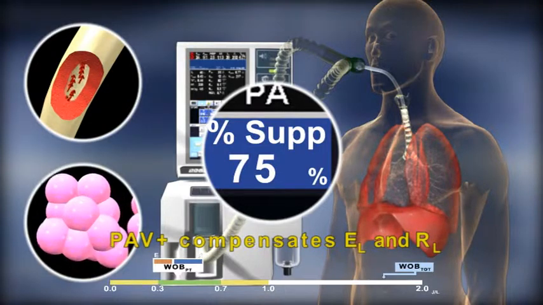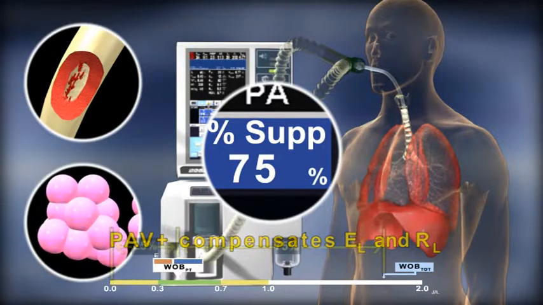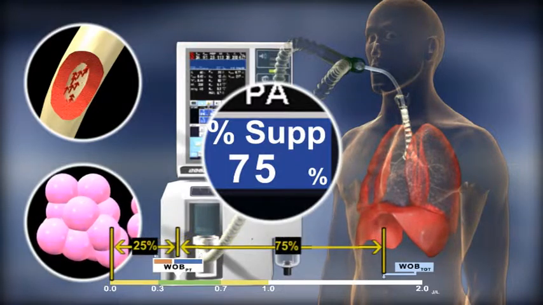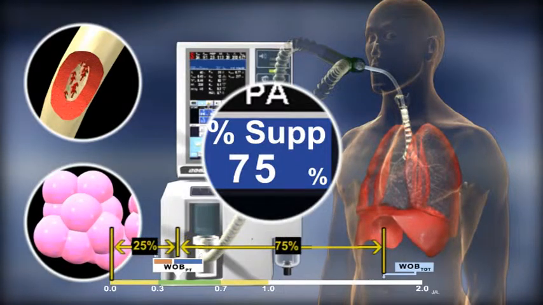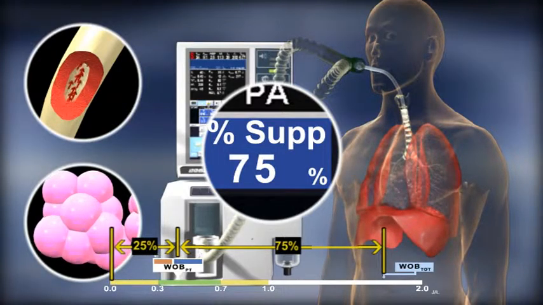Patients can experience significant changes in elastance and resistance during the course of the mechanical ventilatory support, and it is the automated maneuvers of elastance and resistance that keep the delivered support appropriate for the current conditions.